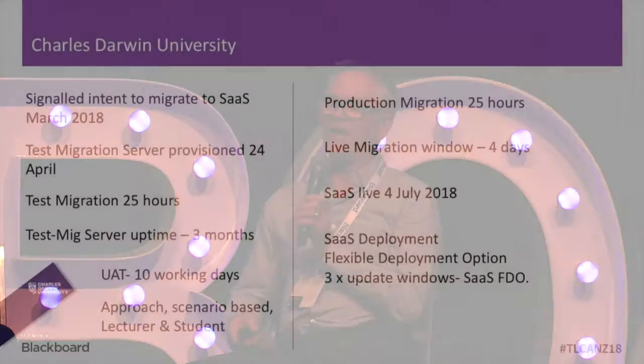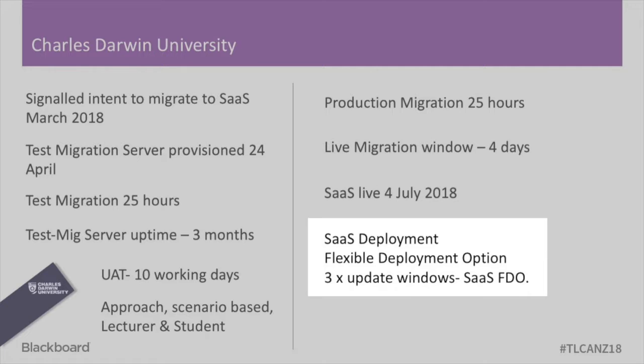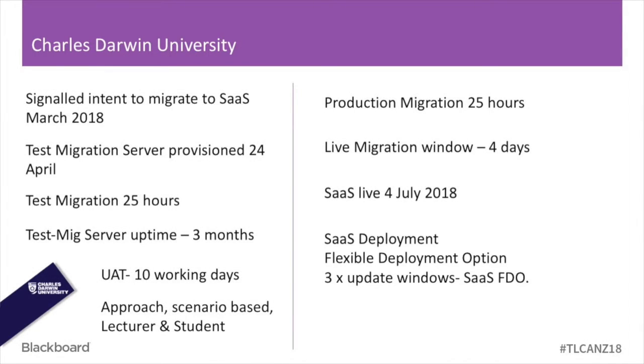Unlike Schelly's context, our SAS deployment is an FDO, or flexible deployment option. We opted to do that for a number of reasons. I think one of the main drivers for us to go to FDO is that we've typically been in that annual upgrade cycle, just like probably a lot of other institutions in that managed hosting or self-hosted context.